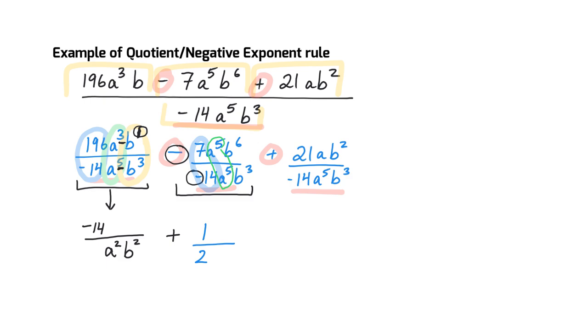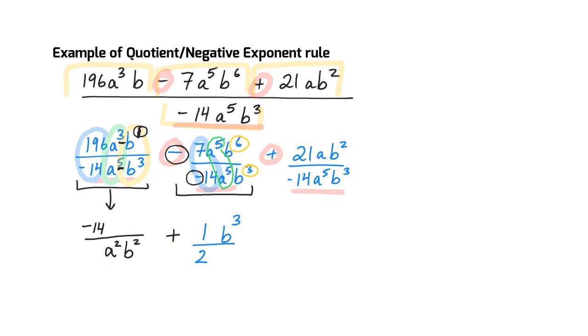Well, that cancels out or just reduces to 1. Then I look at the B's. I have 6 B's on top, 3 B's on the bottom. 6 minus 3 is positive 3, so I have positive 3 B's, which means this is going to have a B cubed on top.